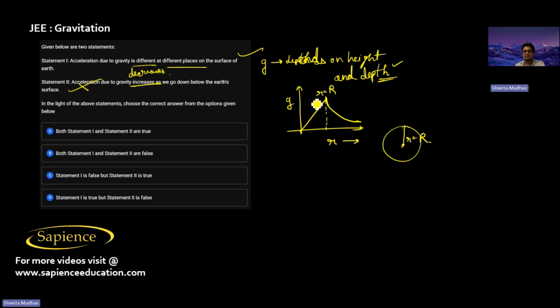So at the surface of the earth, the value of g is maximum, 9.8 meters per second square. But as we go down, the g value decreases, and when you go to a height, then also the g value decreases. So statement 2 is false. Statement 1 is true, but statement 2 is false. So option D is the correct answer.